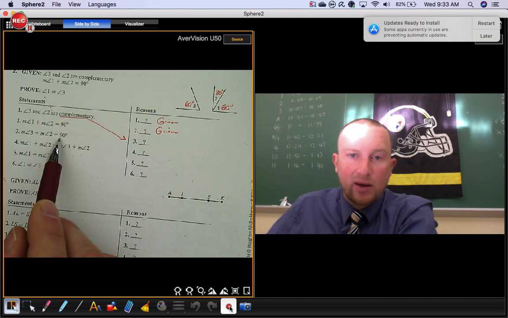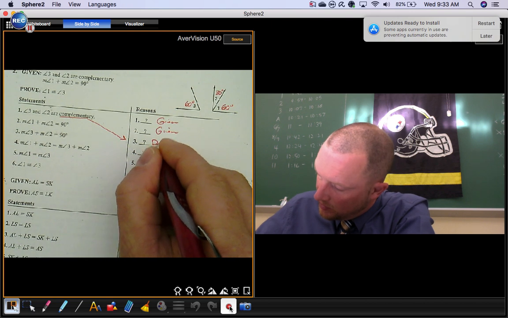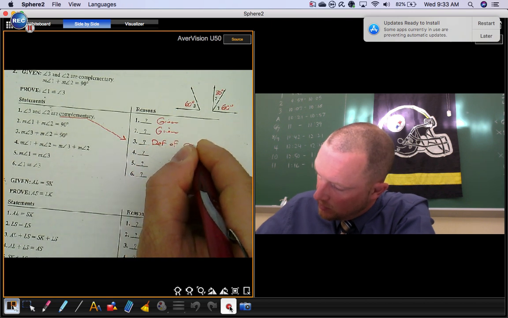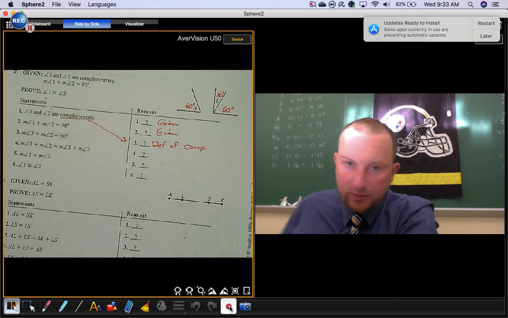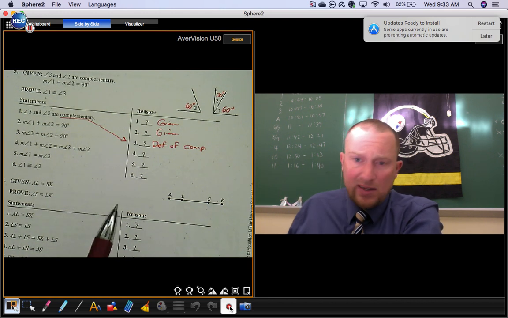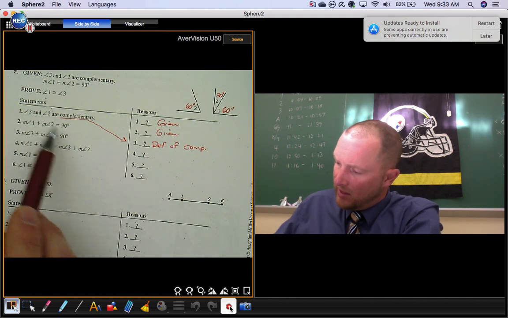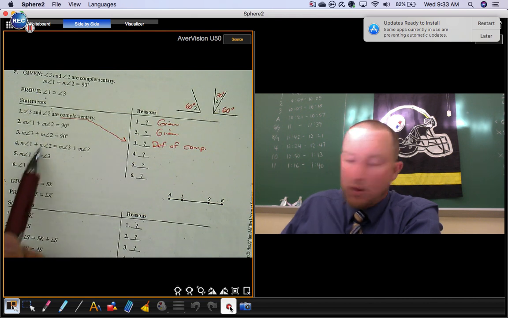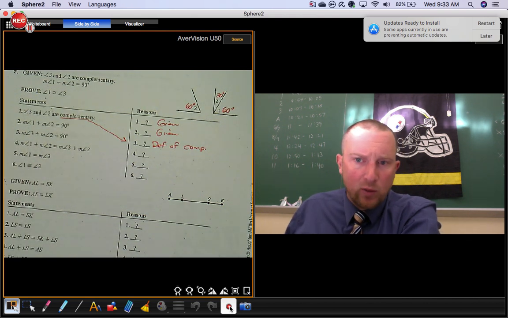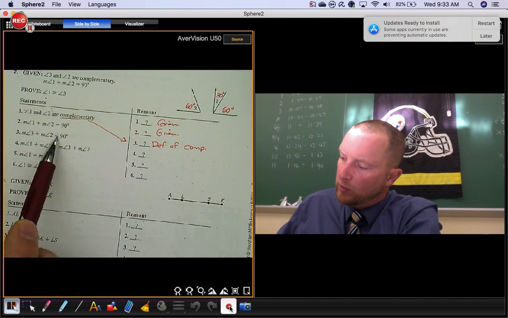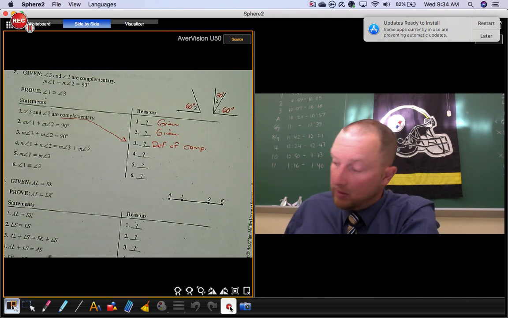It means they add up to 90. So what you're actually using there is the definition of complementary. Now, if I was writing this out on my own, I would put this statement right after this one. But you can squeeze something else in there if you wanted to. It's just easier to follow if you put those things next to each other, I think.